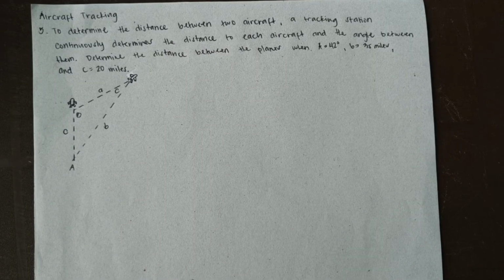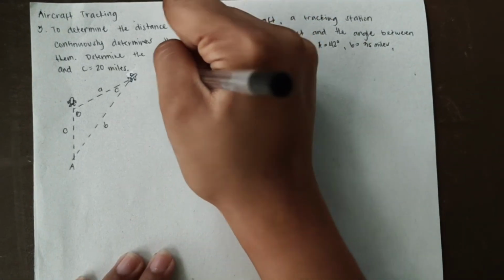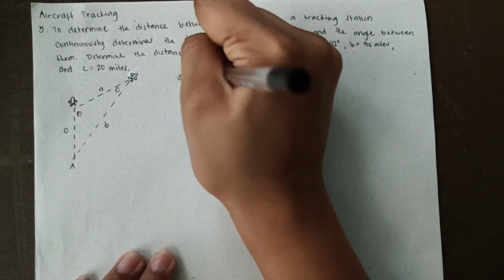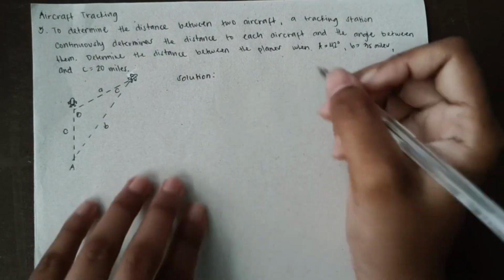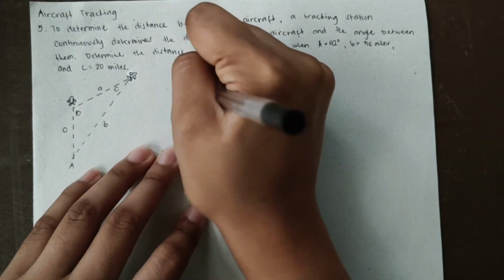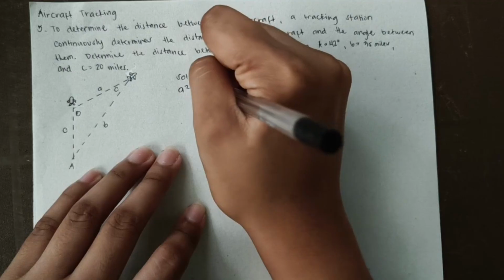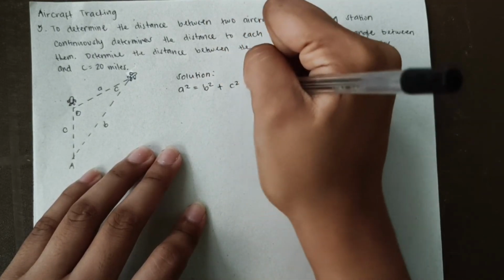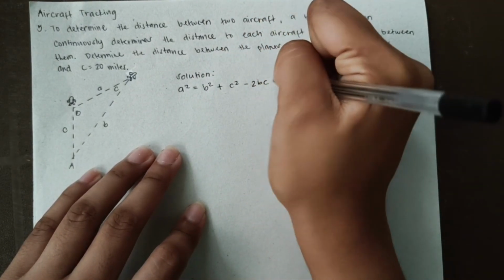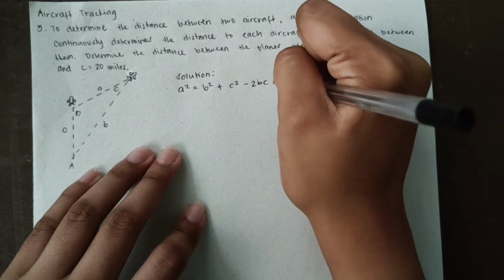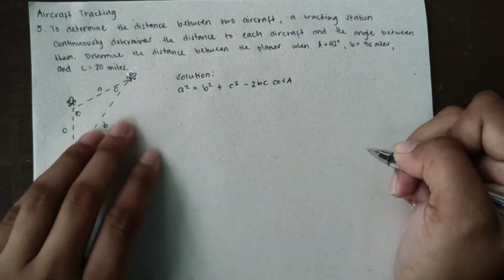In this problem, we are asked to determine the distance between two aircraft. The given values are angle A equals 42 degrees, side B 35 miles, and side C 20 miles. Since we are given two sides and the included angle, we use the law of cosines.